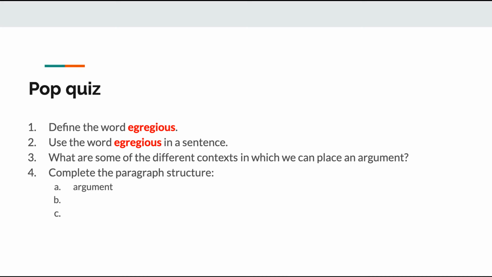So one of the words that they learned was egregious. I would then get them to define that word again. So I want to see if they can bring back to memory the definition of the word. Then I want to see if they can bring back to memory how to utilize that word. And then for them to think about the word, and then there'll be some other task in there.